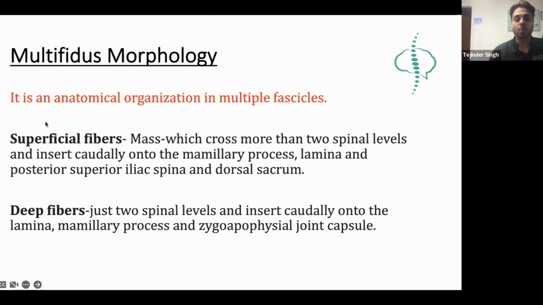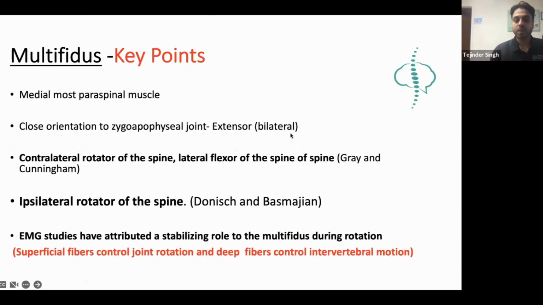Why is all this important? Because the role of deep fibers is very, very different from the role of the superficial fibers. When we look at the EMG literature, they found that the superficial fibers control rotation from side to side. Some literature says it controls rotation to the ipsilateral side, some says the contralateral.